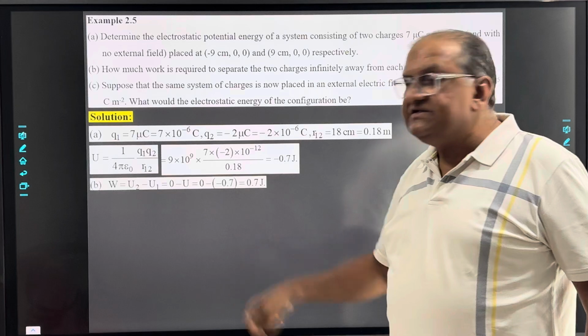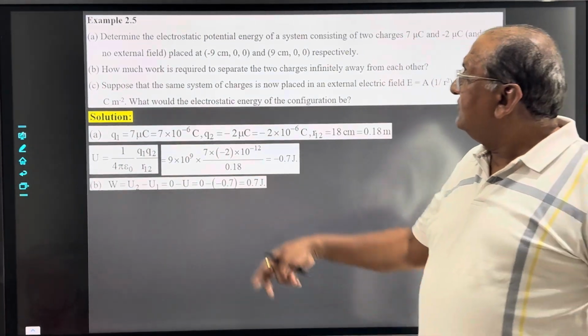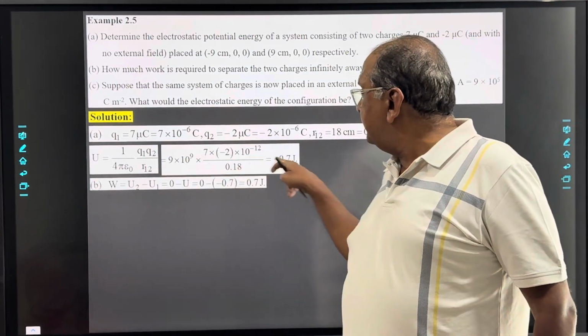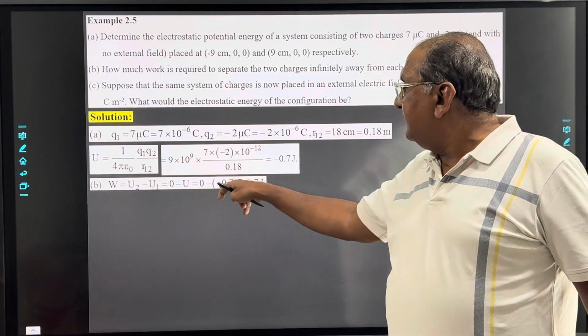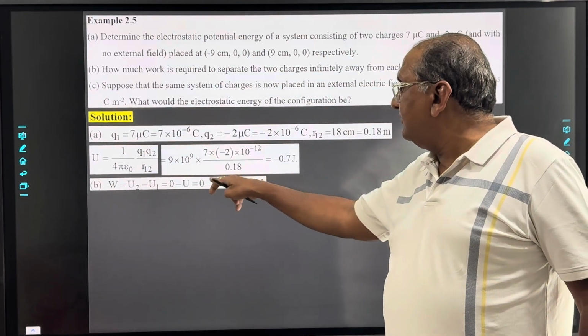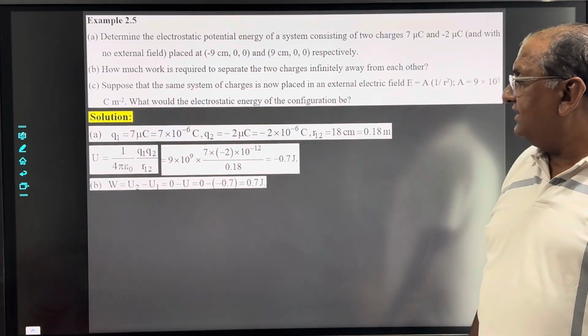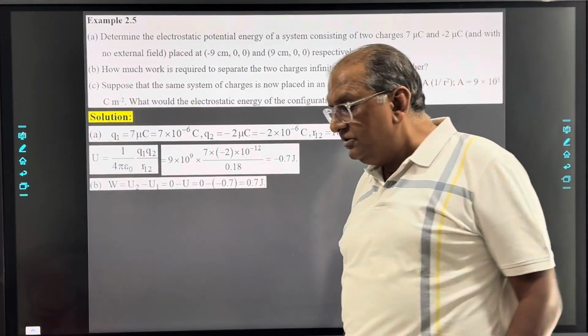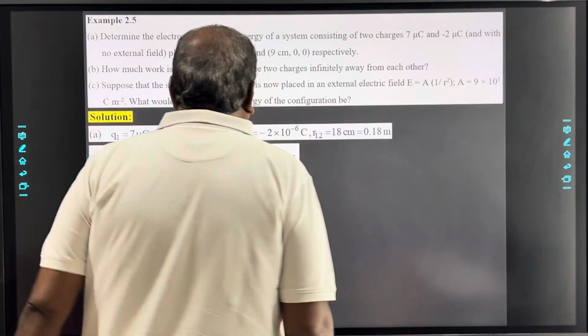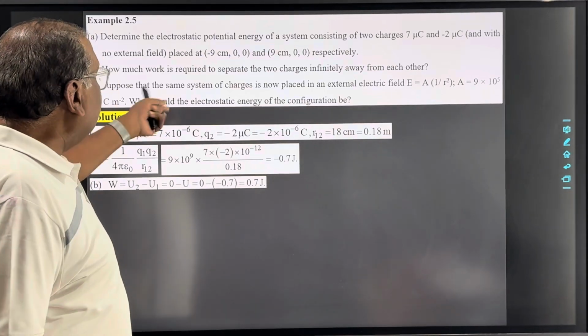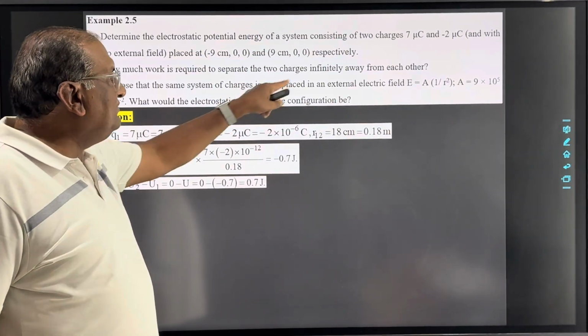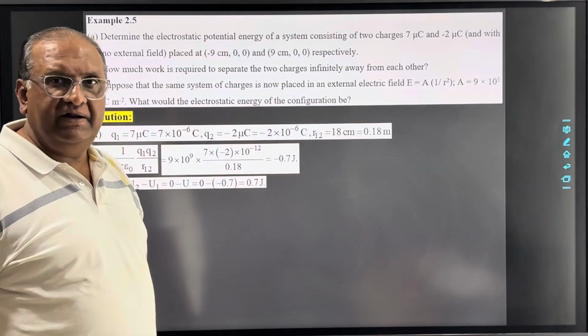So, U2, that is 0, and U1, at this particular position, we already calculated. So, minus 0.7. So, 0 minus 0.7, so your answer, that is 0.7 joule. Then third question. Now, the system of charges is placed in the external field.